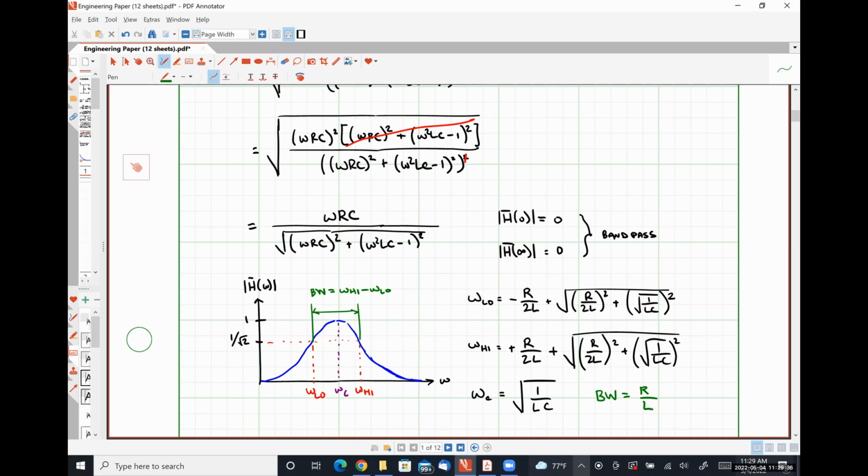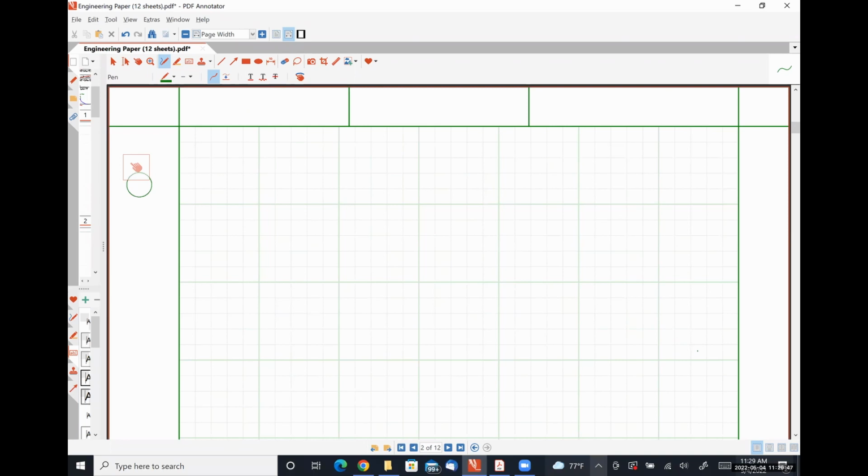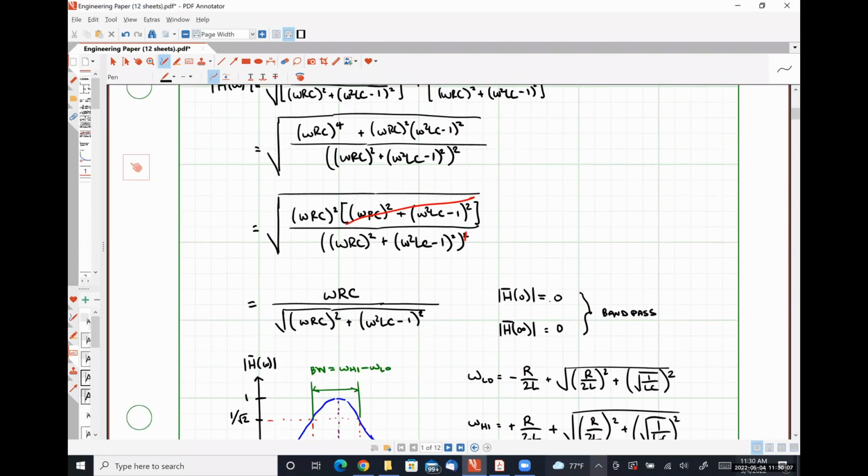All right, so here is our magnitude response, or excuse me, our phase response. As per usual, theta as a function of omega is simply the inverse tangent of the imaginary part, which in this case was what?